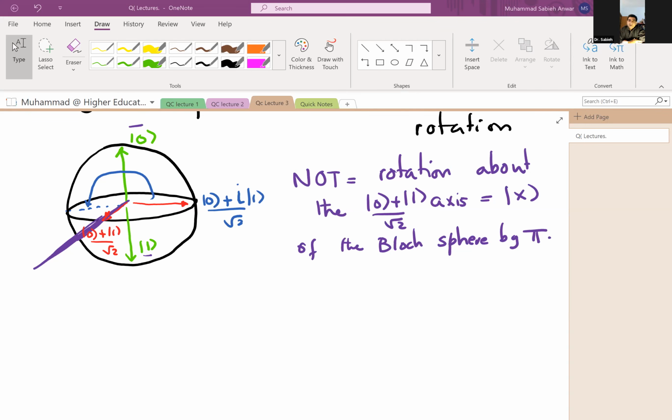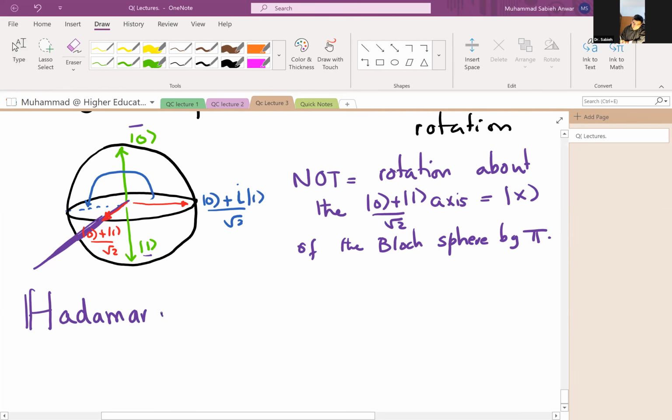Now, I would like to finish off this class by leaving you with one question. We have run over time, and that question I would like you to think over before we meet for the next class is: you've considered a Hadamard gate. The Hadamard gate is also a unitary operation.